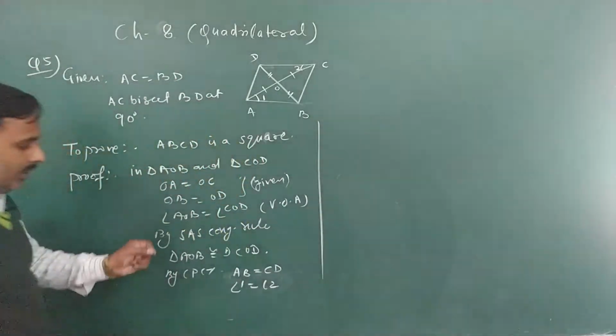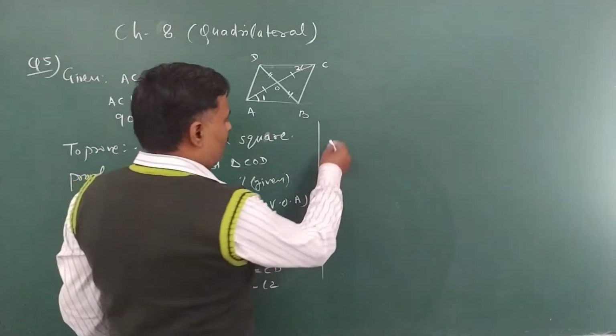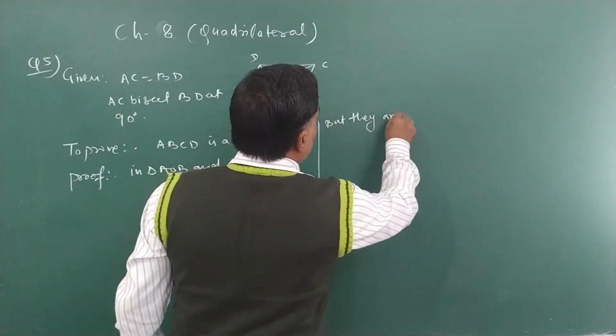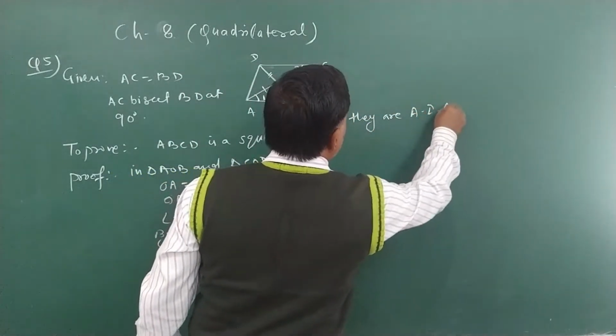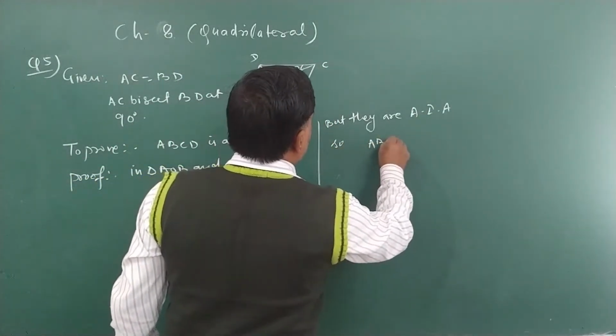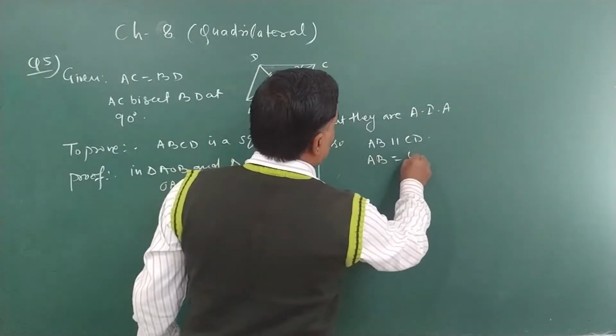But if angle 1 and 2 are equal, they are alternate interior angles. So we can say AB is parallel to CD, and AB is equal to CD we already proved.